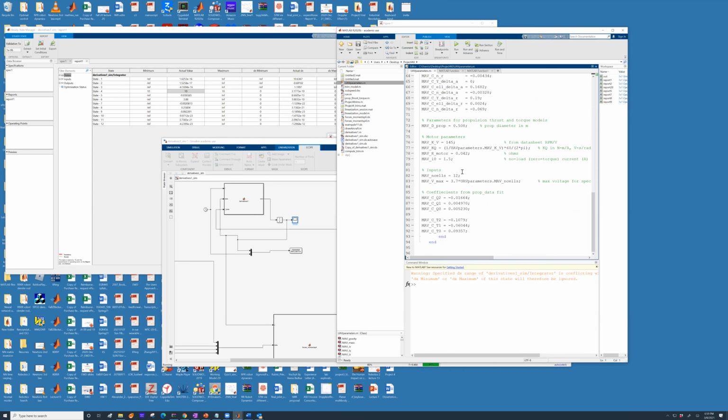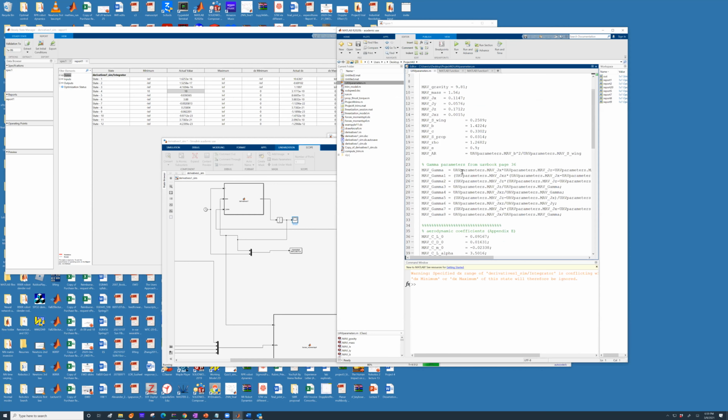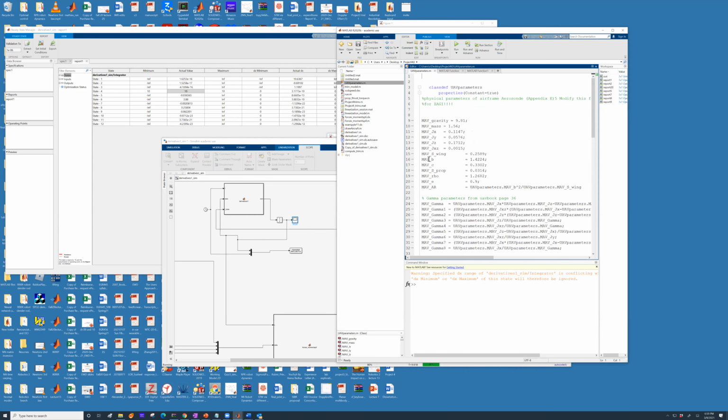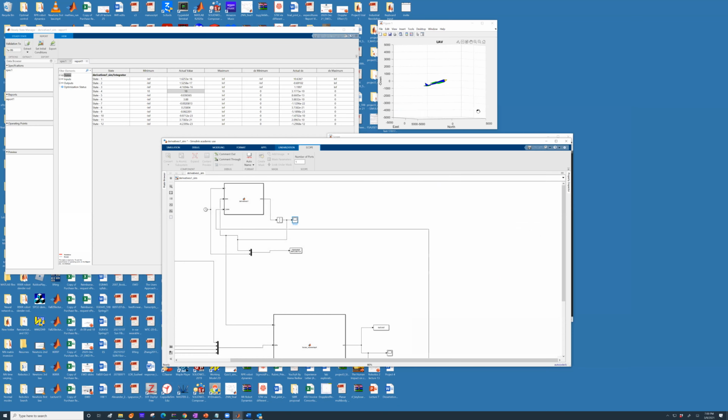But it should work very well for your Zagi parameters, because I did this for multiple students and it's working fine. Okay, the whole simulation ran and there was no issue.